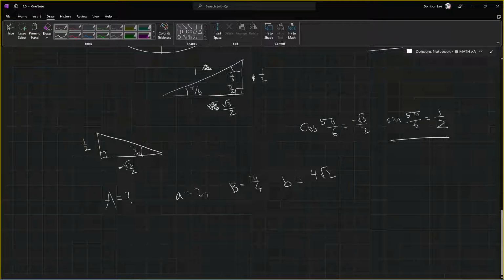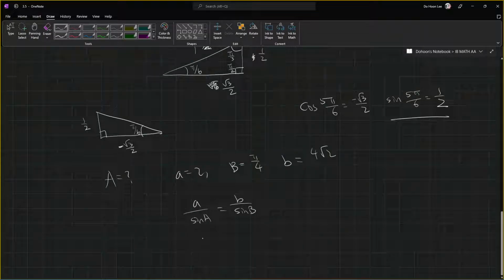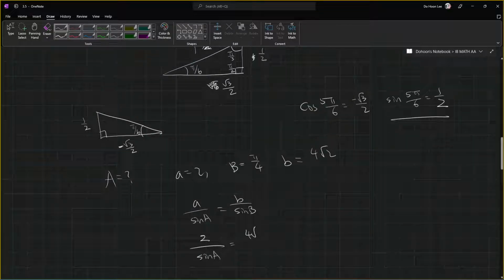And as you solve for sine A, let's try that. It's going to be a over sine A equals b over sine B. You know that a is 2 over sine A, I don't know that. b is 4 root 2, and sine of pi over 4.